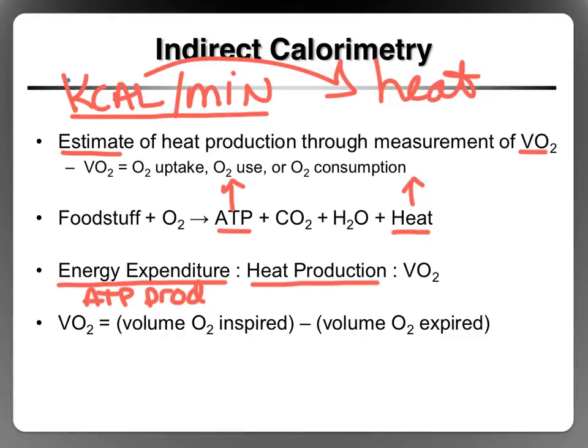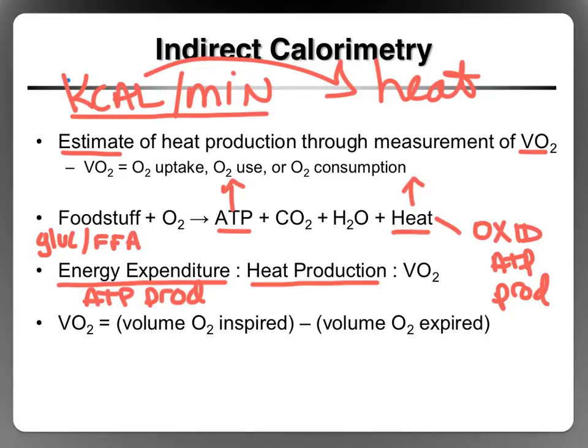And as you can see in this formula, which represents oxidative ATP production, going back to chapter 2, going into the metabolic pathways, we have glucose that goes into glycolysis, we have FFA that goes into beta oxidation, and we have oxygen that goes into the electron transport chain.